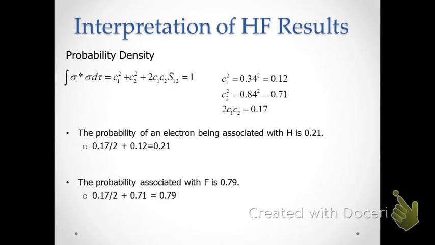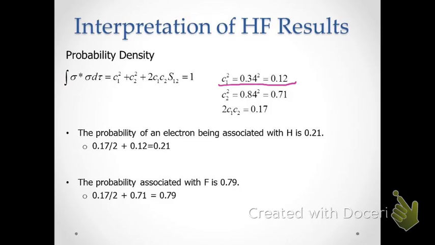Now, if we take a look at the probability densities here, using the numbers on the previous slide, we can estimate the probability of an electron being associated with either the hydrogen or the fluorine in the ground state of the HF molecule. We do that by squaring the coefficient. So for example, in the bonding orbital, we will note that the coefficient corresponding to the hydrogen is 0.34.